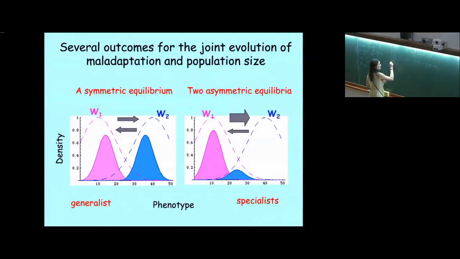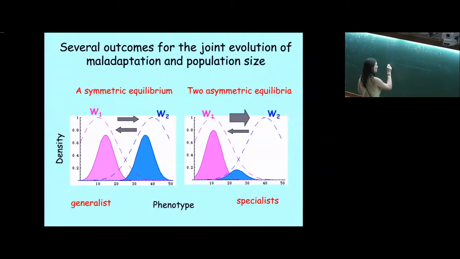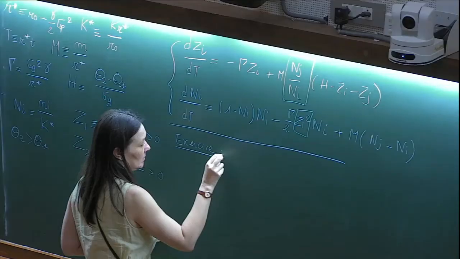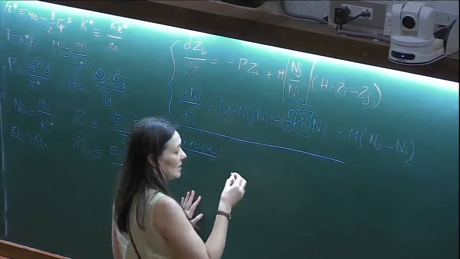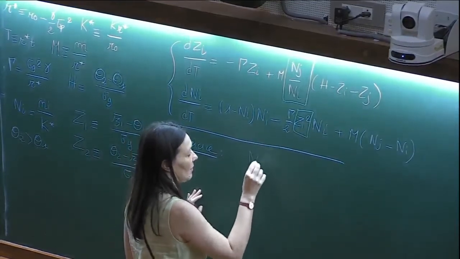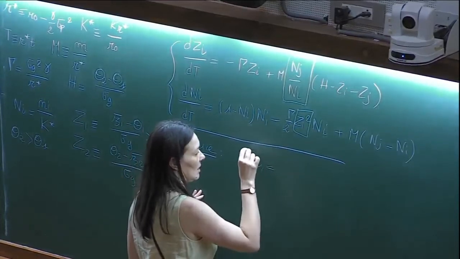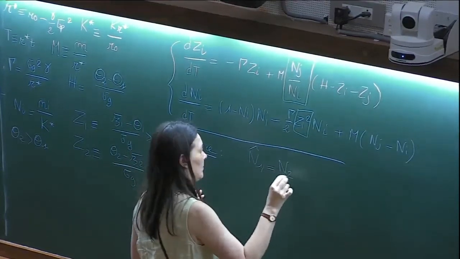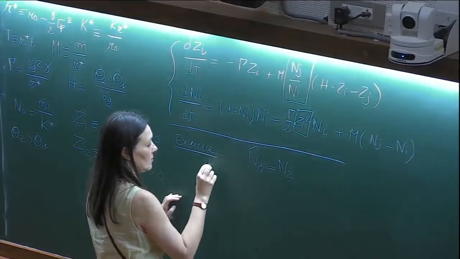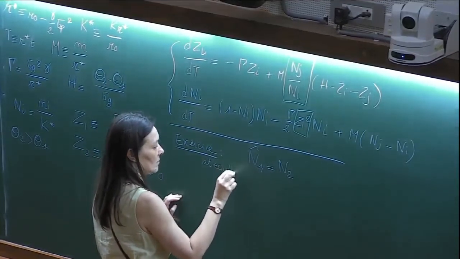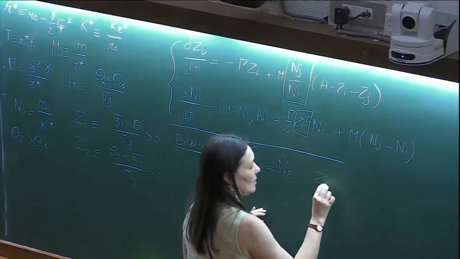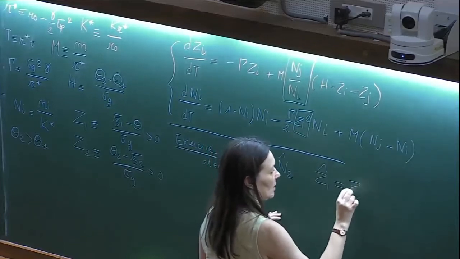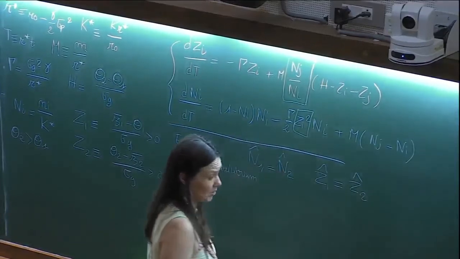So as an exercise, if you want to play with this model, the idea is that at the symmetric equilibrium, we have N1 at equilibrium equal to N2, and maladaptation in patch 1 equal to maladaptation in patch 2.